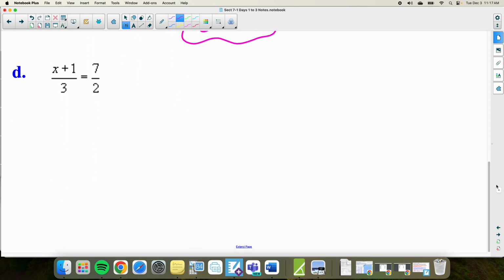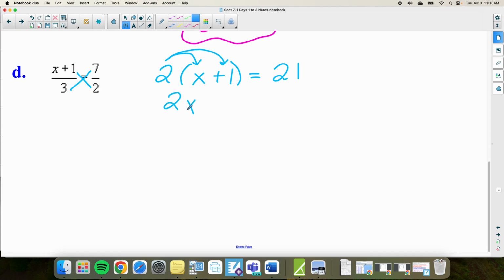Then when I look at D, again, I'm gonna multiply these two, and I'm not gonna use that shortcut way, so I have 2 times x plus 1 equals 3 times 7, which is 21, okay? Then you would just distribute your 2, and we'd get 2x plus 2 equals 21.